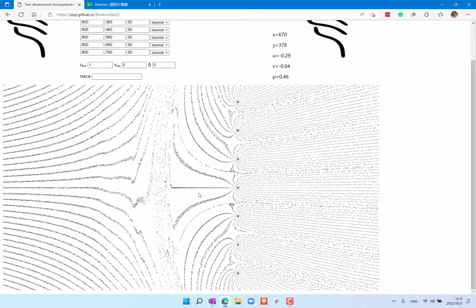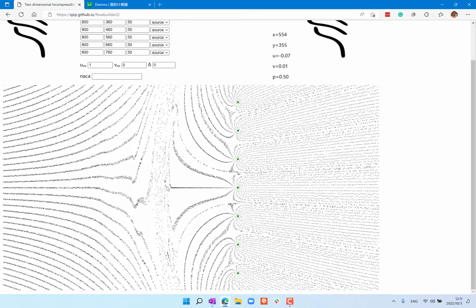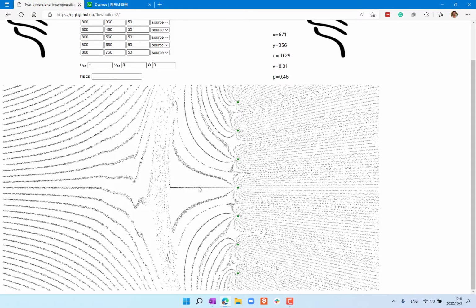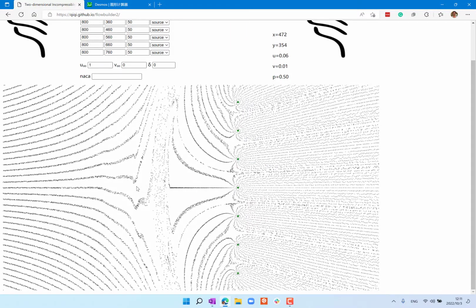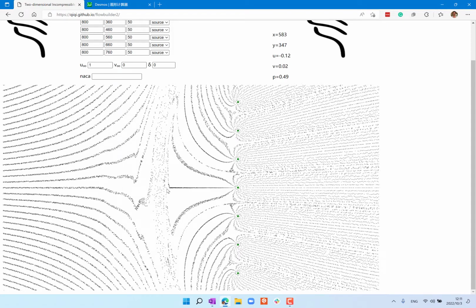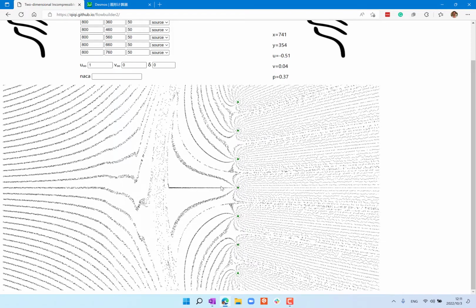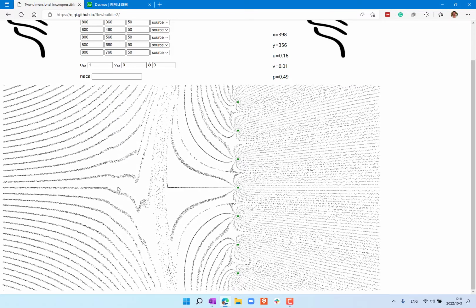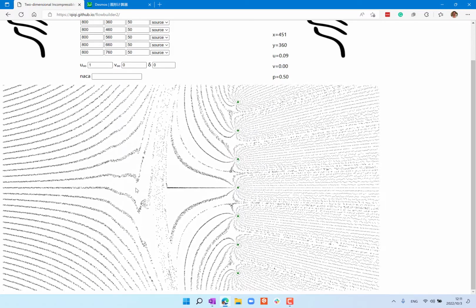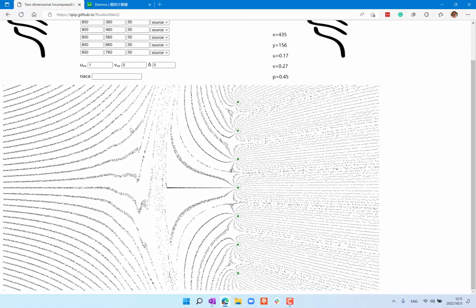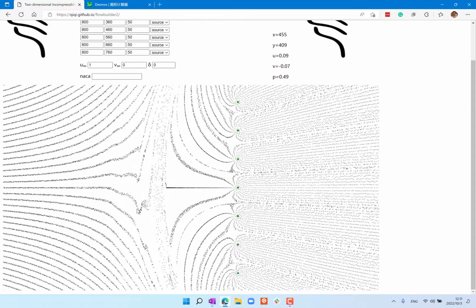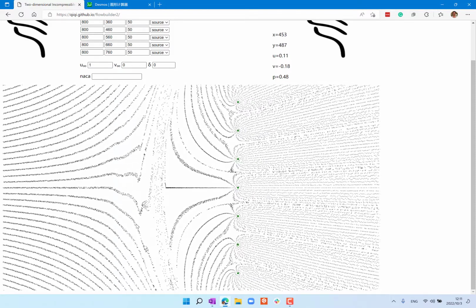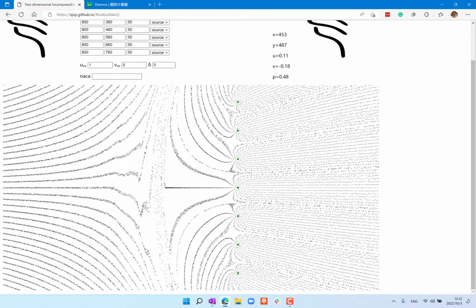If x exceeds this stagnation point, U becomes negative as x becomes downstream. As I go upstream, we get a positive U. Similar to V. If I go upper, V is positive. If I go lower, V is negative. It's pretty much that flow field.